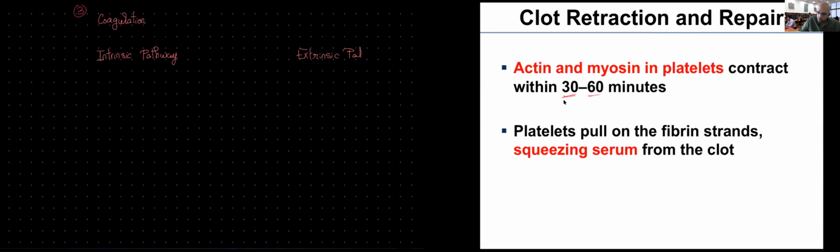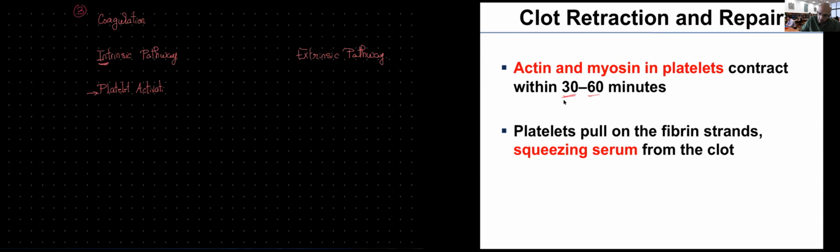If you remember what I mean by intrinsic and extrinsic pathways, intrinsic, I'm starting from inside the blood vessels. So the very first thing that initiates the intrinsic pathway would be the platelet activation.